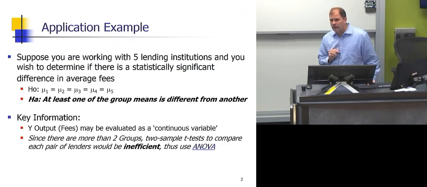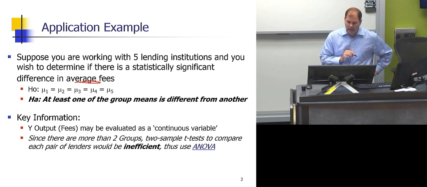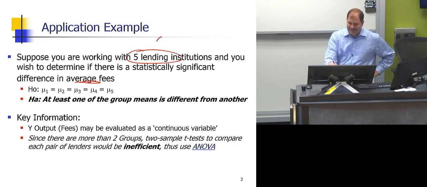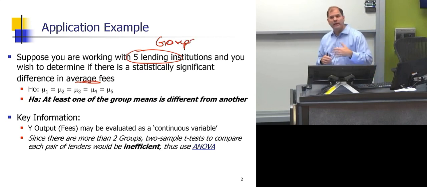All right, let's do an example of how we might apply this. We had a former project that was looking at average fees, and this was related to loans going to 5 different lending institutions. In this case, we have people who are trying to get loans approved, and they're trying to get different fees, and we want to look at differences from 5 different companies or lenders.